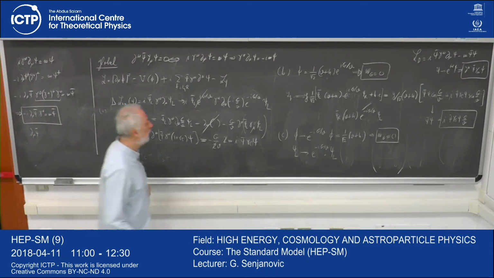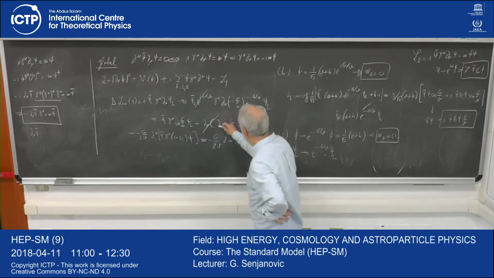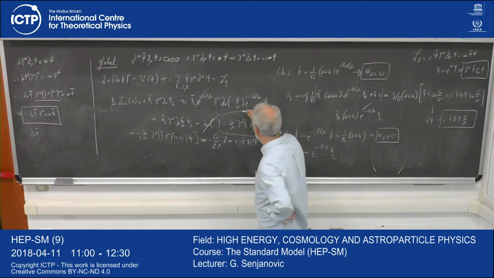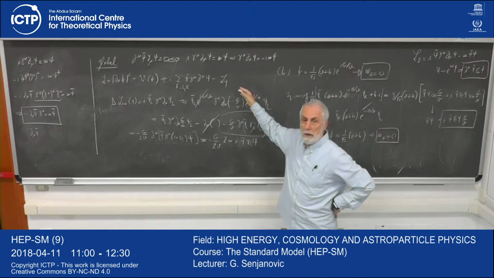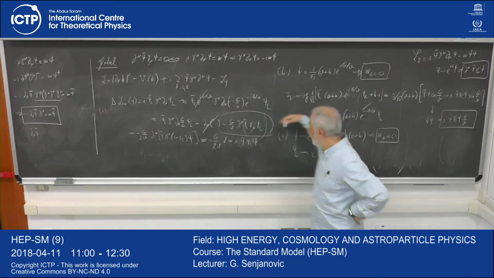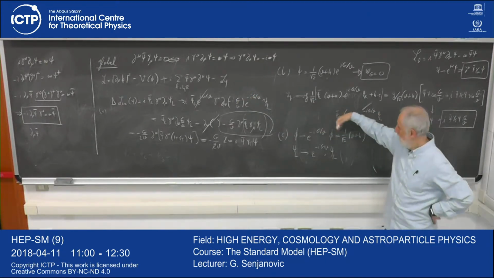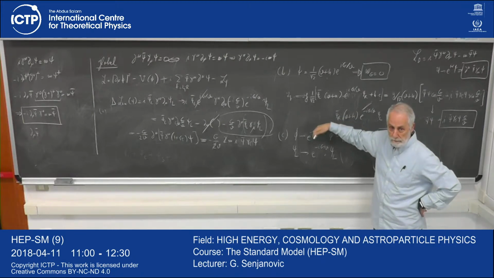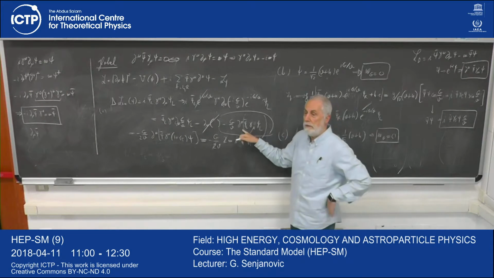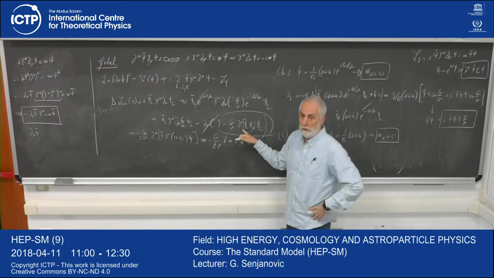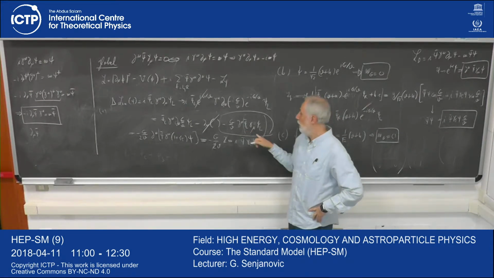Well, you have a form which does not depend on the model. You don't have to worry about writing Yukawa and whatnot. If you do this transformation, you let the field disappear from these interactions, it goes into a kinetic energy, you get a universal form for the Goldstone boson. It always couples to this.